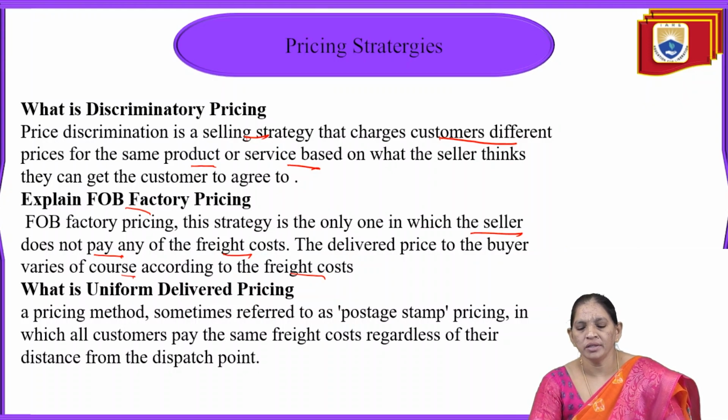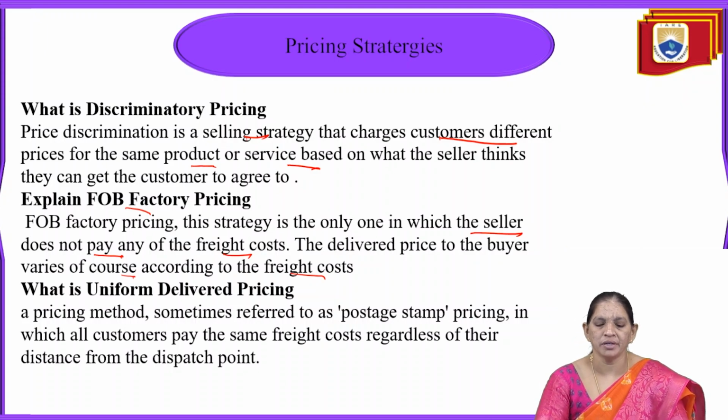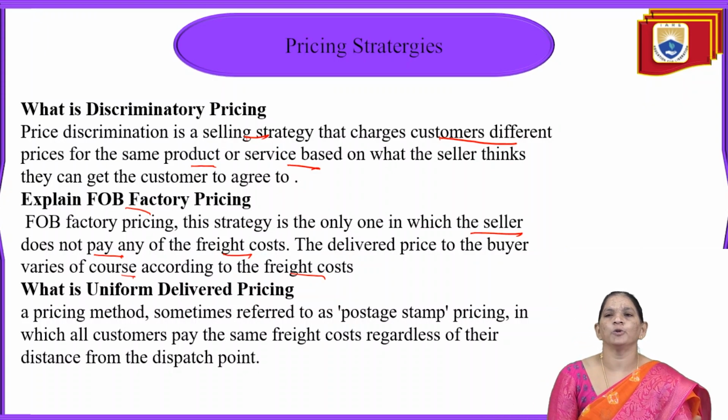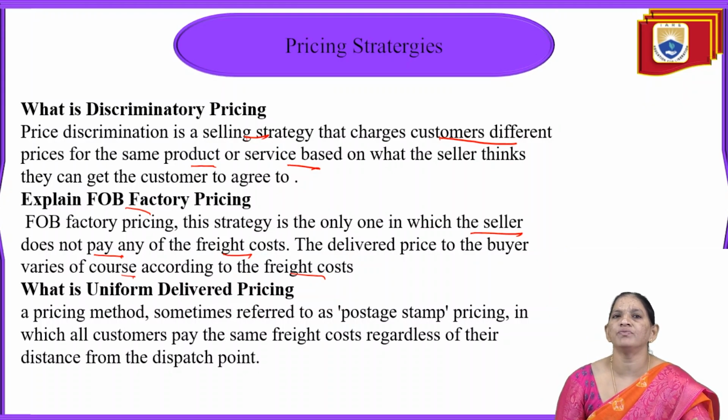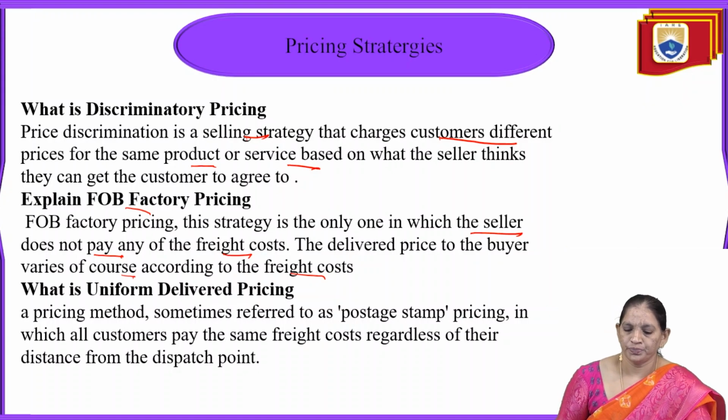When the delivery price to the buyers varies according to the freight cost, based upon the charges for the freight, the customer is given various types of discount under FOB pricing. So here, based upon the freight cost determined by the producer, the FOB price will be charged.